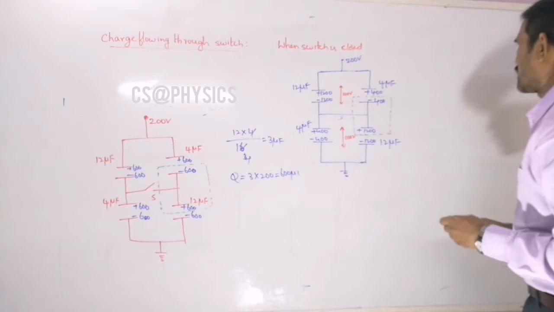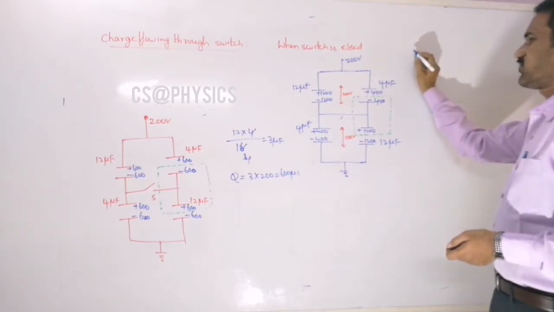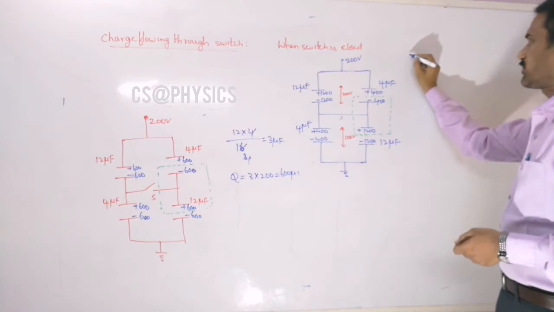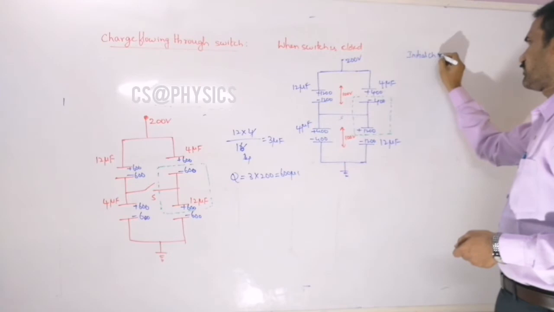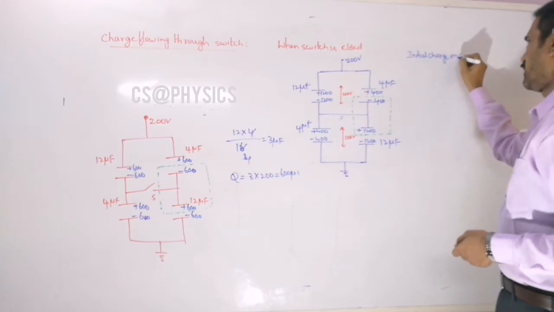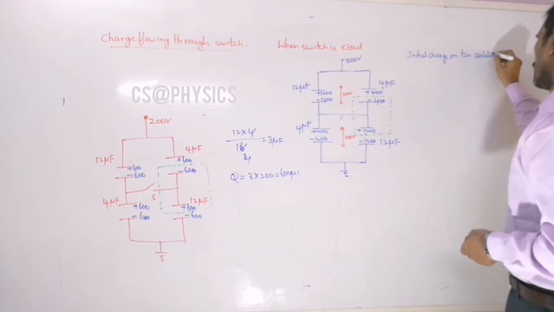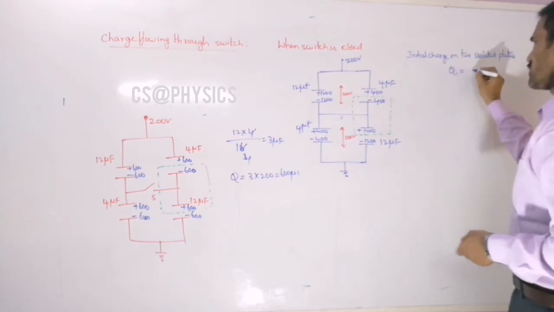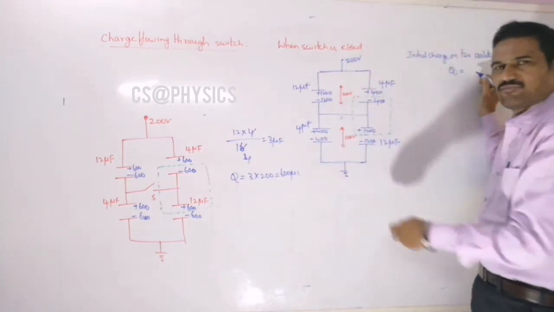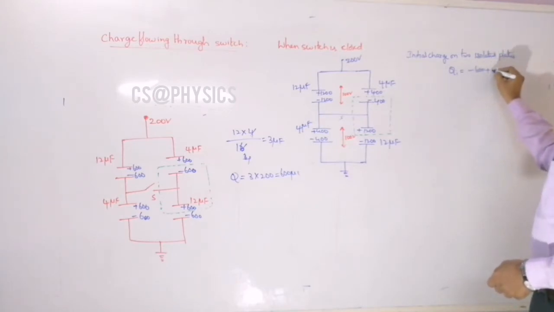Now let us write the charge flowing through the switch. That means initial charge on those two isolated plates. As I discussed there, it will be 0 plus 600 and minus 600, so this is minus 600 plus 600.